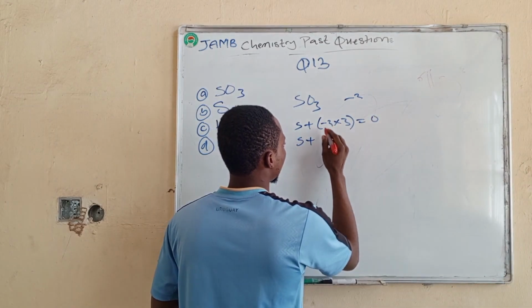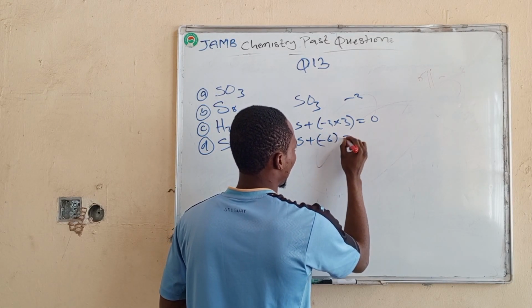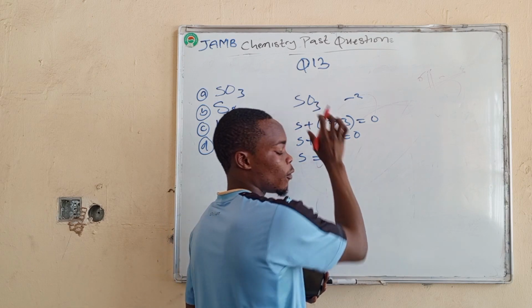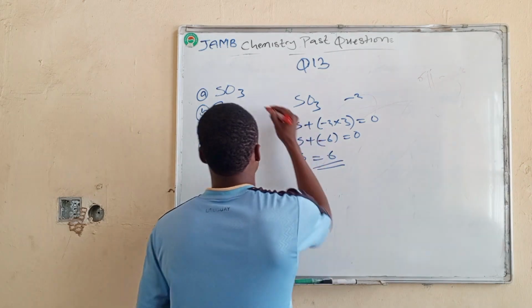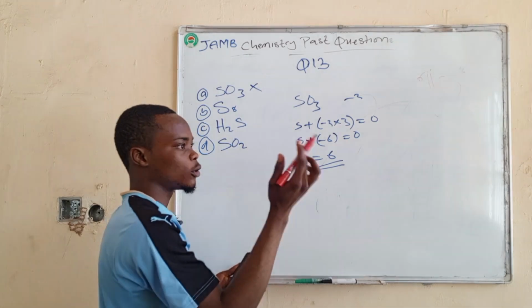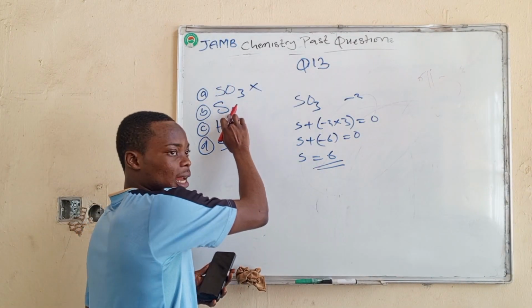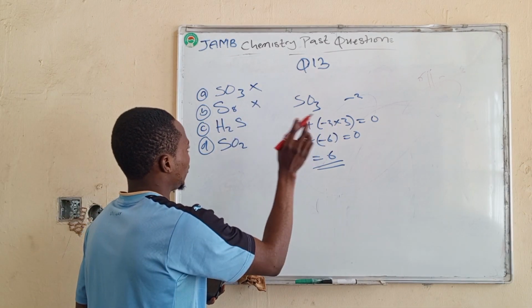X plus -6 is equal to 0. X is equal to 6. Meaning the oxidation number of sulfur here is 6. So this one is wrong. Let's come to the second one. We don't even need to solve. The oxidation number of sulfur here is 0, which is also out.